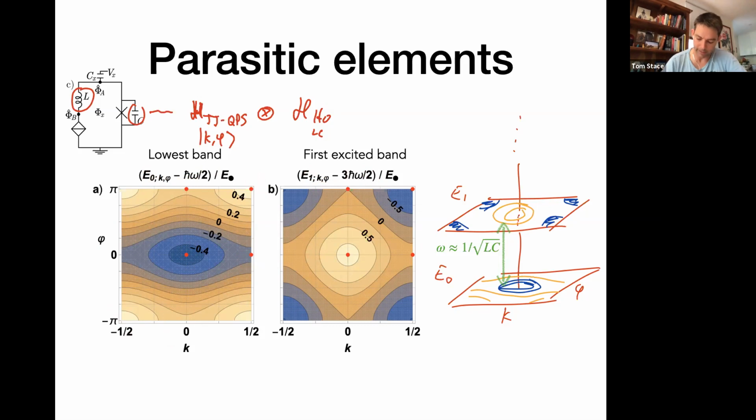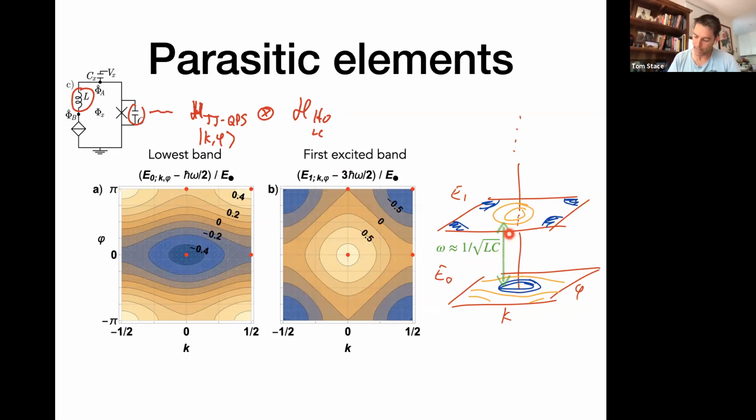And the first excited band still has saddle points, has critical points at the same locations, but now they're exchanged. So at the center of the band is a maximum. At the corner of the band, there's a minimum. And at these 2 points, there's a saddle point. So you can think of this as a stack of energy bands. Here's the lowest band down here with a minimum at the center.